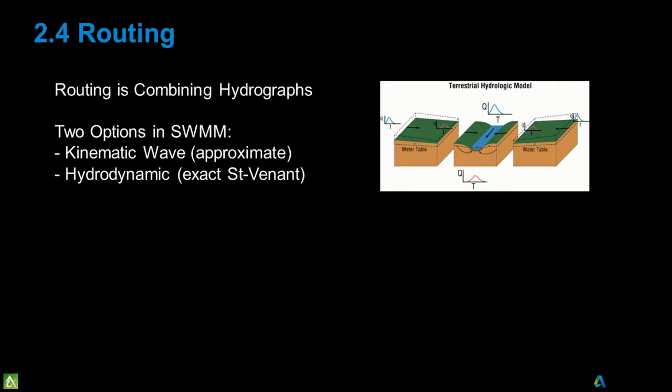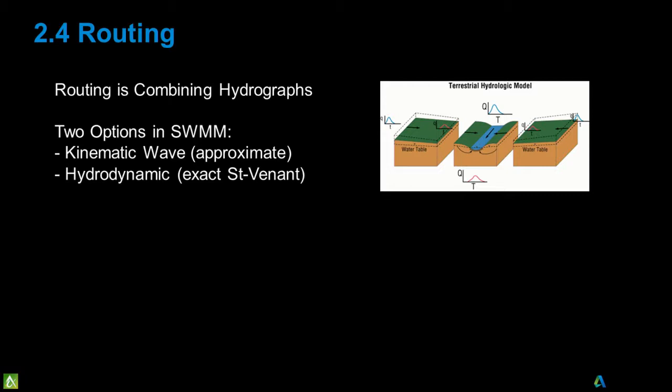Because every element in the system, every pond, every channel, every rain barrel, every infiltration trench, roof, sub-basin, they're all reacting to rainfall differently and in different times in different ways. They all have their own unique hydrographs, and they feed into each other, they combine, they diverge. They can even form feedback loops.